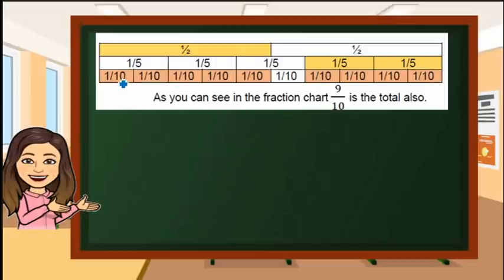So here, as we count the orange, the shaded part, how many 1/10 was occupied? 1, 2, 3, 4, 5, 6, 7, 8, 9. So 9/10 is the final answer.